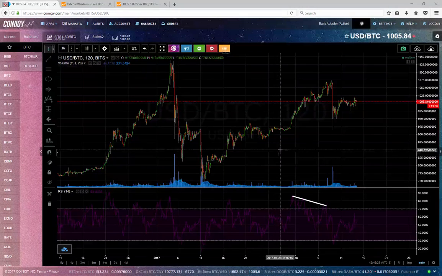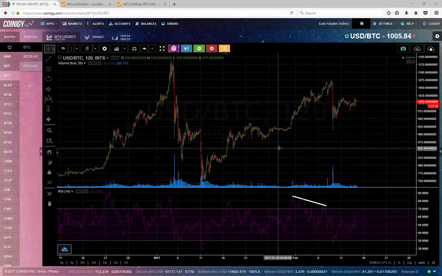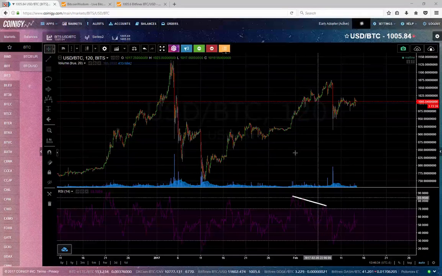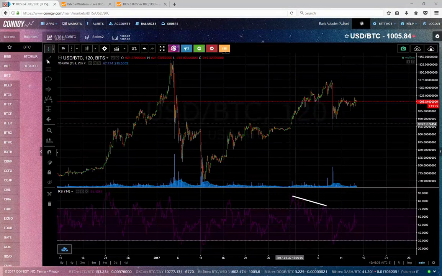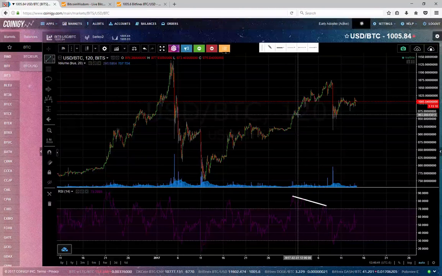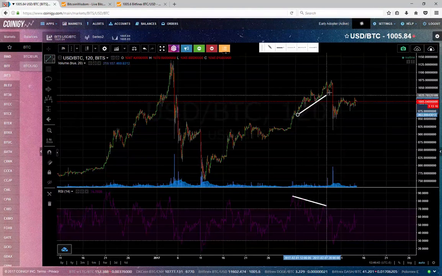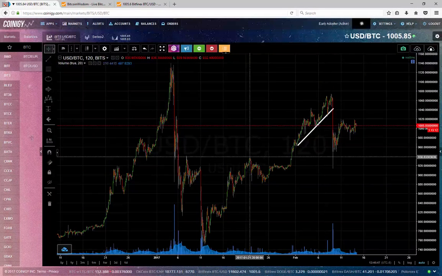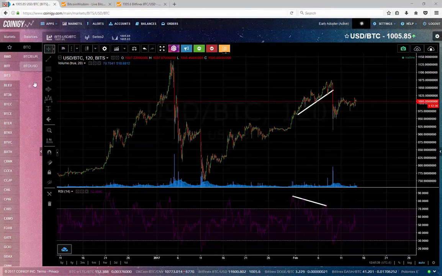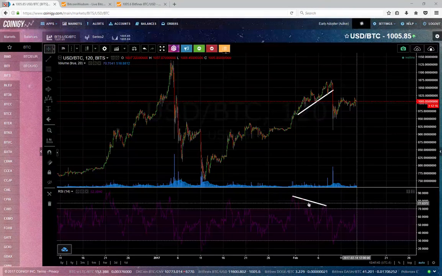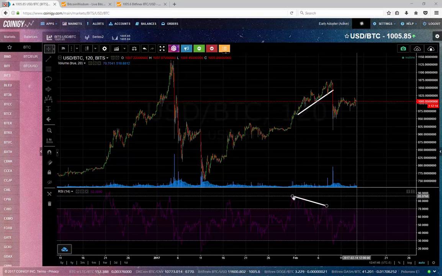And what's interesting about this is you can look for what's called divergence in momentum. Divergence shows you when the markets are losing momentum. So here you can see on the charts we have a series of higher lows. But when you look at the RSI and the momentum, it's making lower highs.